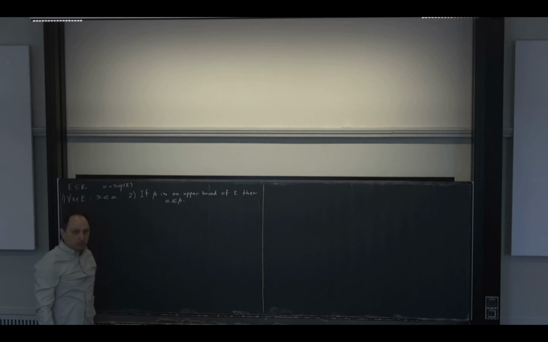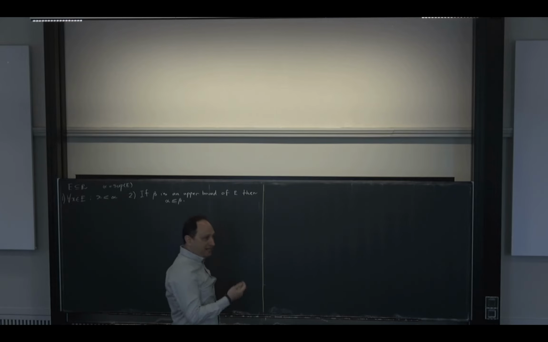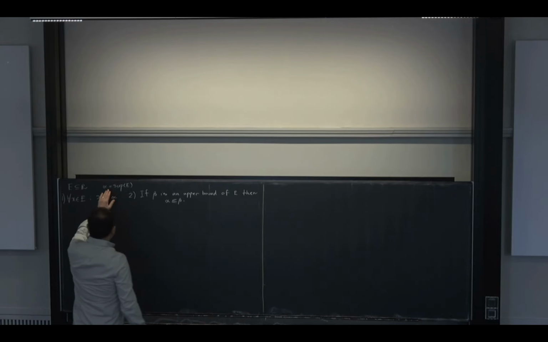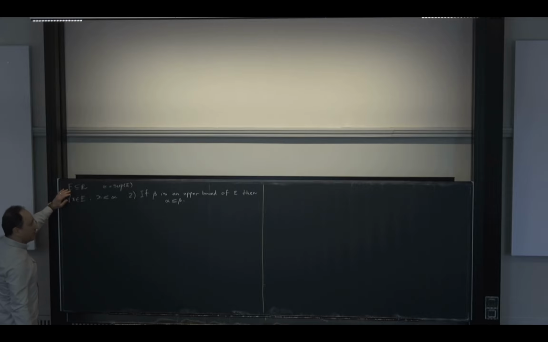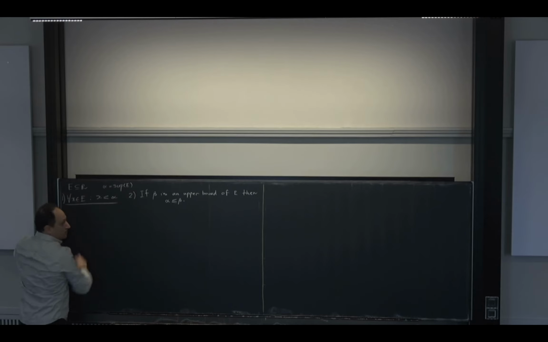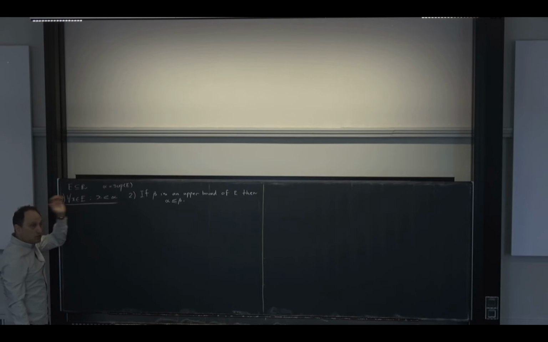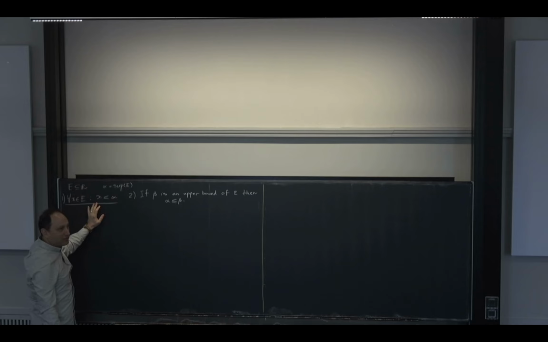So remember this. If I want to prove a real number is the supremum of my set, I have two things to do. First, I have to convince myself that alpha is an upper bound. How can I convince myself of that? By proving this statement.